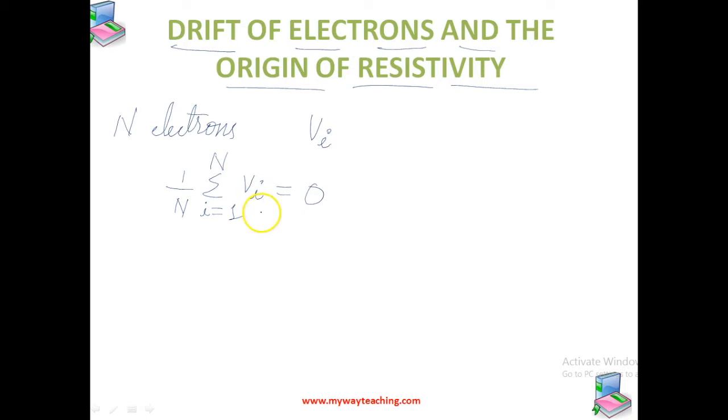Now consider the situation where an electric field is present. In that case, electrons will be accelerated due to that field. The acceleration is given by a is equal to minus eE by m, where minus e is the charge and m is the mass of an electron. Now consider the ith electron at a given time t. This electron would have had its last collision sometime before t.